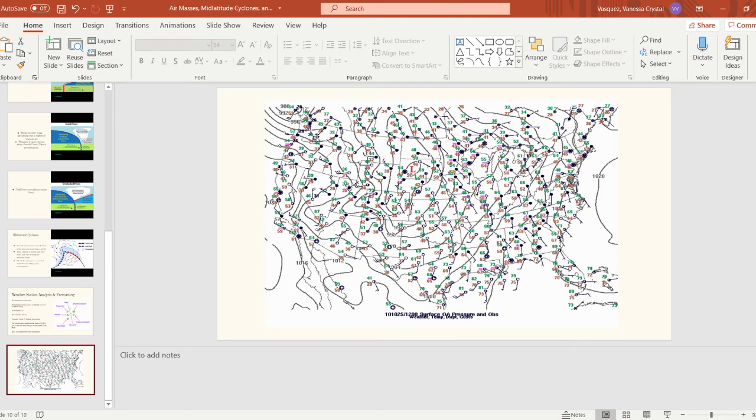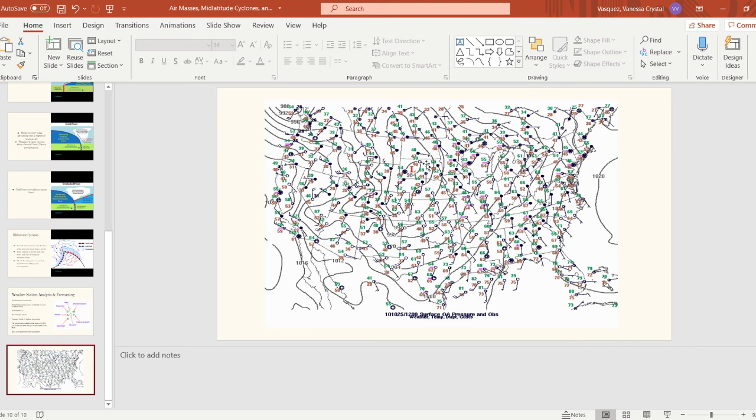But in the northern part of the United States, the wind speed and wind direction are different. Here, the wind direction is coming from the west, and the wind speed looks like 30 knots. The importance of this map is that it wants you to find out where the cold front and the warm front are.